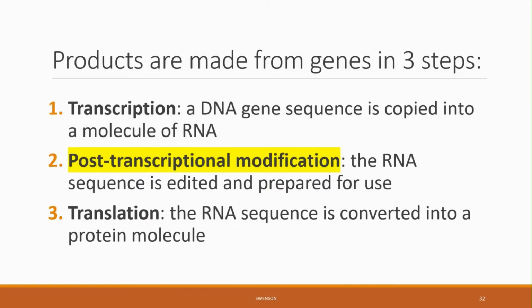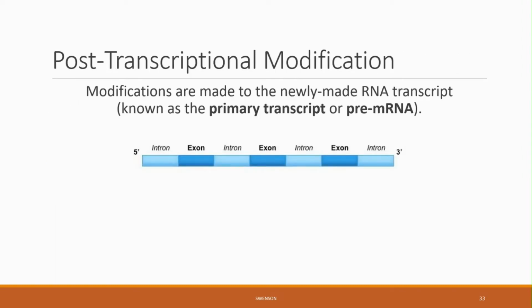The next step in our journey, now that we have a transcribed mRNA, is the RNA sequence needs to be properly prepped before it can be translated. This is called post-transcriptional modification. We've used the analogy of genes being a recipe.